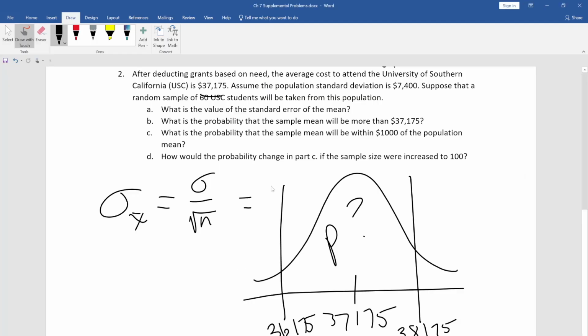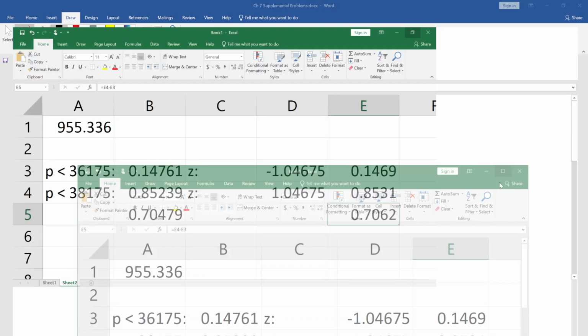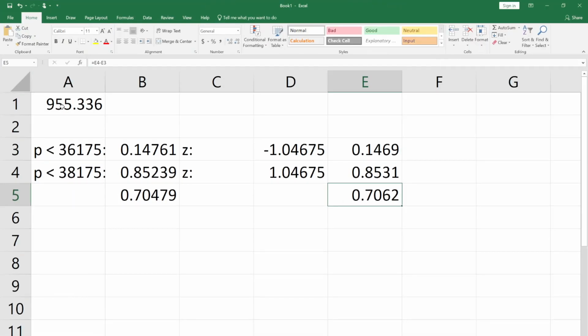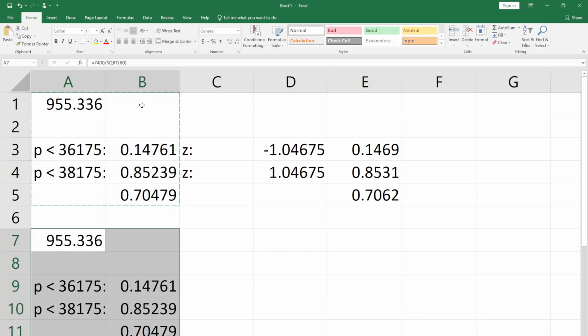Okay, then the last question on here, how would the probability change in part C if the sample size were increased to 100? I'm going to copy all of this and paste it down here. We're just going to do this one by Excel. I'm going to make a note.